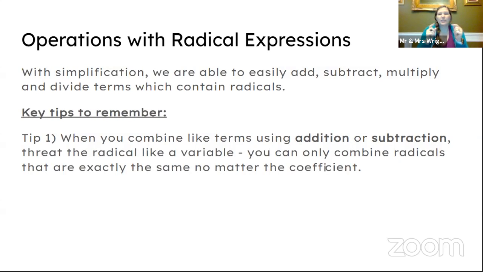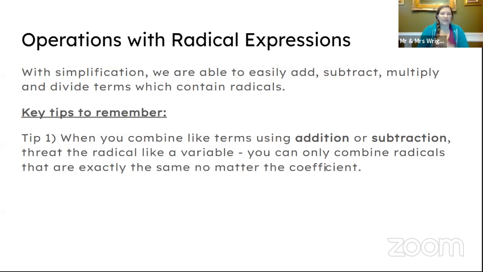And remember, an expression is an incomplete mathematical sentence, so it doesn't have an equal sign. And sometimes you'll have radicals in different terms. And remember, a term is separated by a plus or a minus. So in order to simplify those expressions, we want to combine it down to the smallest amount of terms possible.